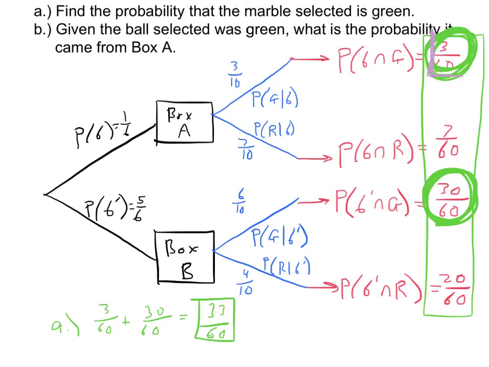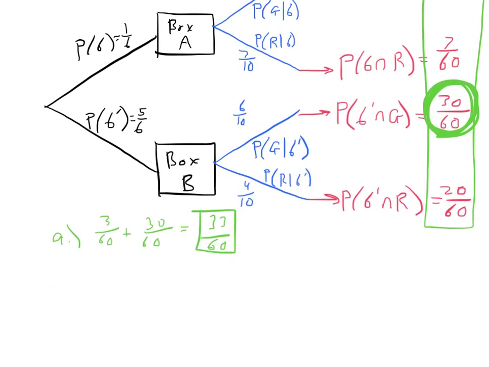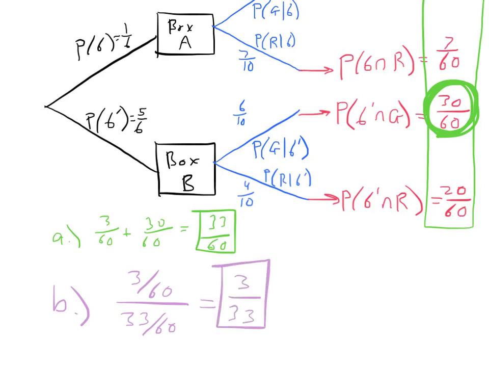Box A was only this one, right? So, what is the probability that it came from box A? Well, our total sample space was 33 out of 60. Box A was 3 out of those 60, which means this is 3 out of 33, which you could reduce to 1 out of 11, but that's the idea.